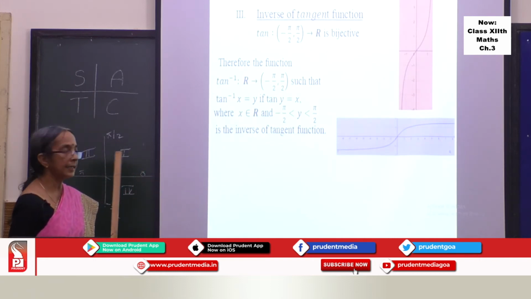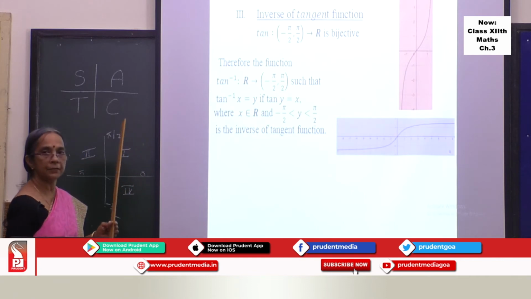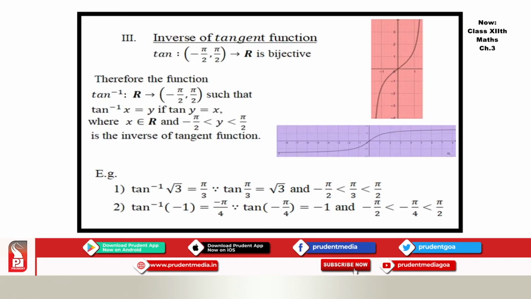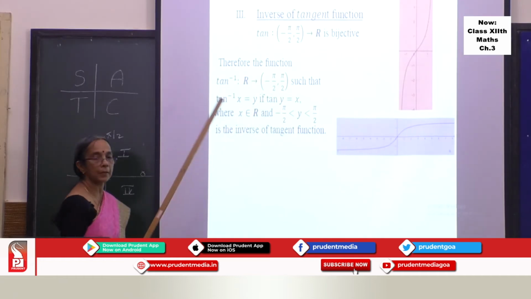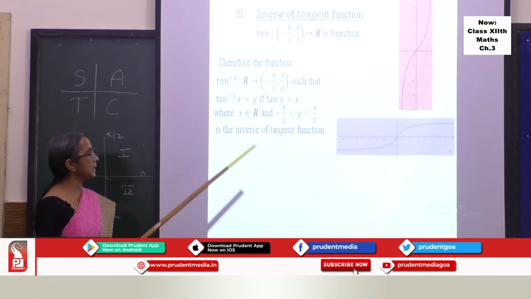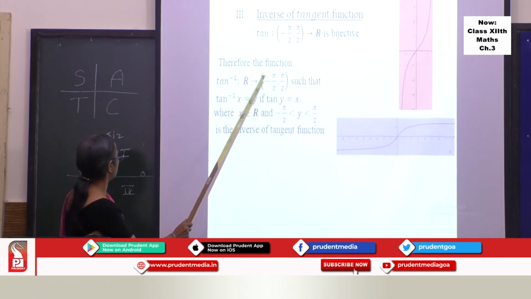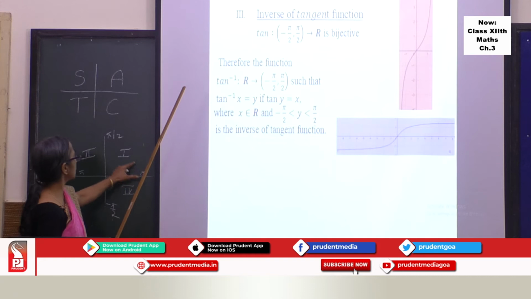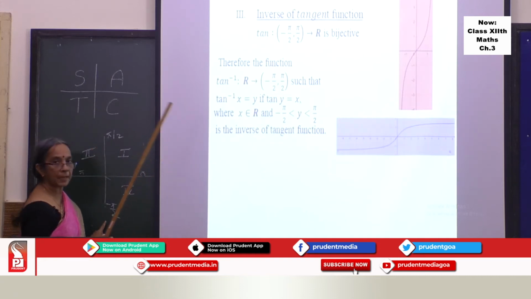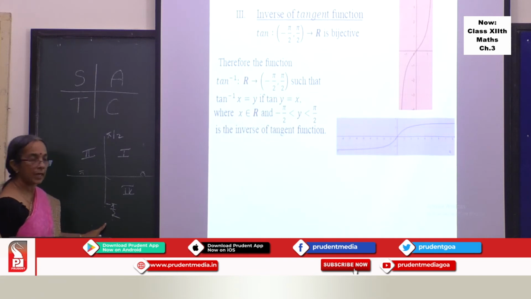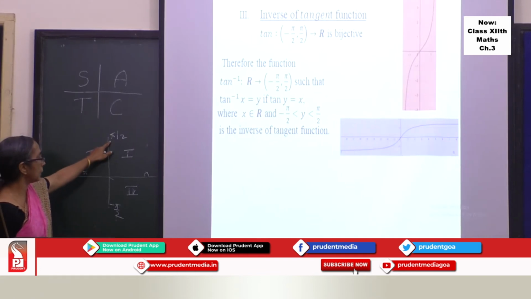It can take any real value, not like sine inverse or cos inverse. Here also the range is minus pi by 2 to pi by 2. It is like the sine function, we can break it from minus pi by 2 to 0 and 0 to pi by 2. Only minus pi by 2 is not included, pi by 2 is not included.